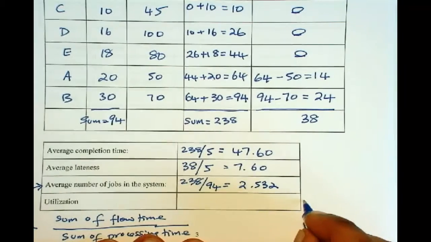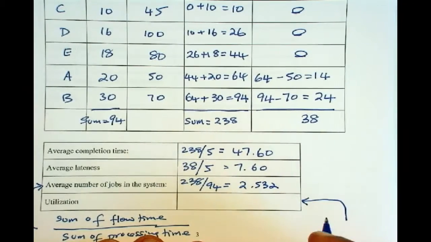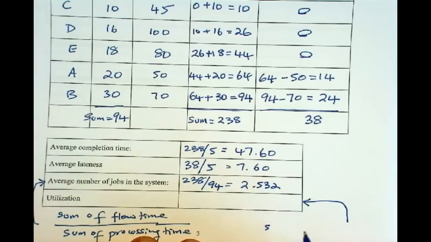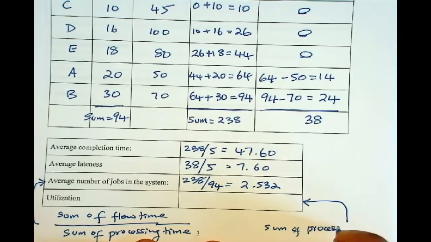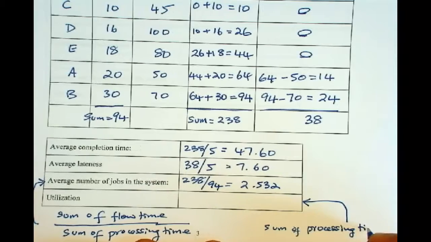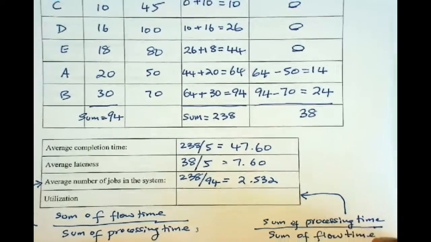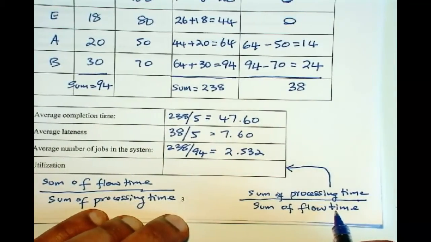Then we have utilization. Utilization is the reverse of this: the sum of processing time divided by the sum of flow time. This tells us the proportion of time spent by all the jobs in the system that was processing time.